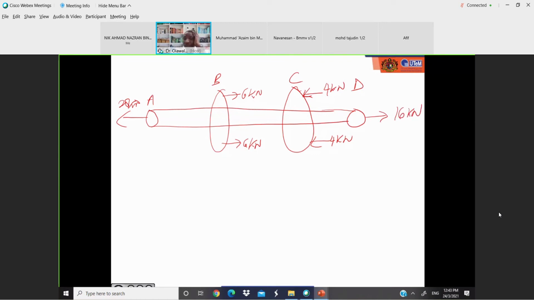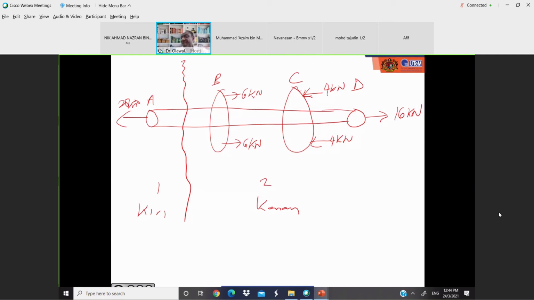Okay, so now listen to this. When you cut at AB, for example, there is one part on the left and two parts on the right. Left is fine, right is fine. If you are starting from the left, you start from here to here. If you are starting from the right, you start from here to here.